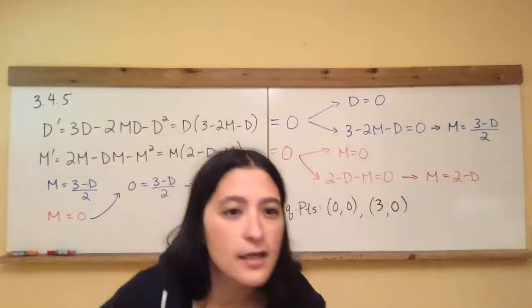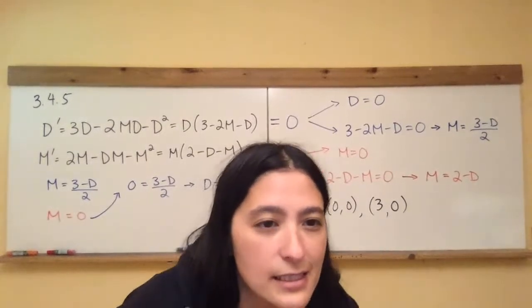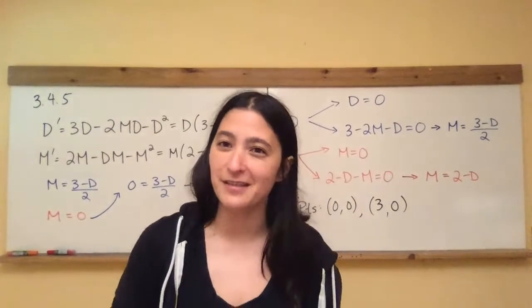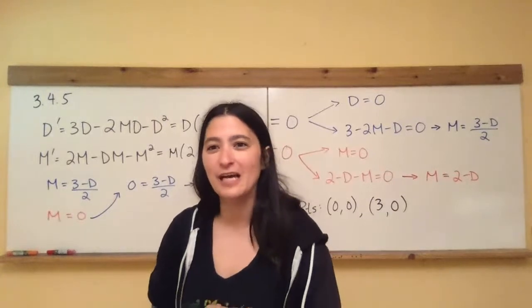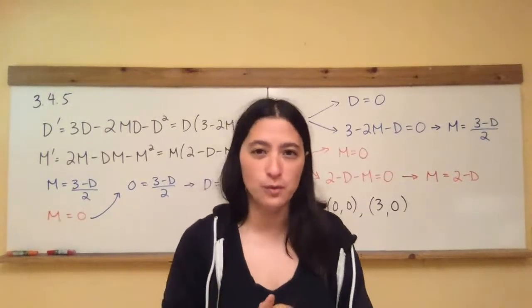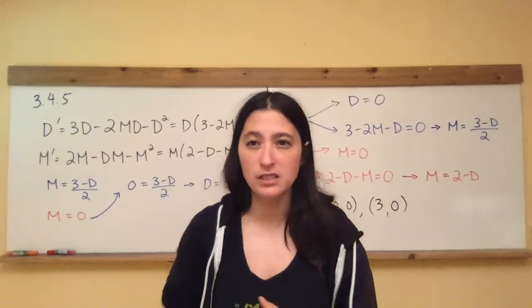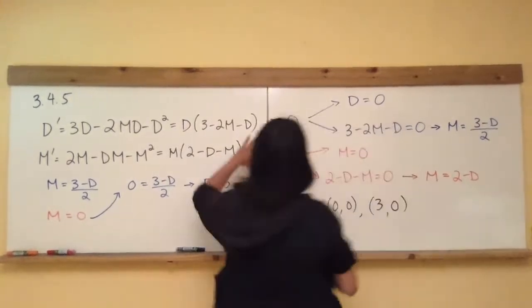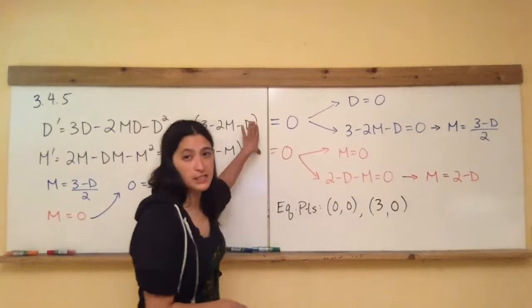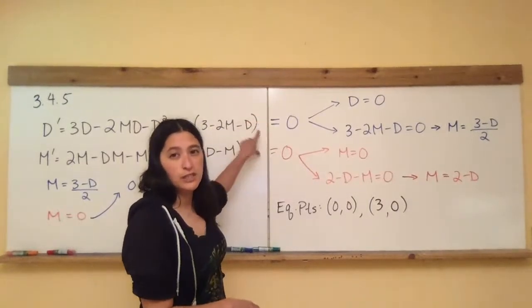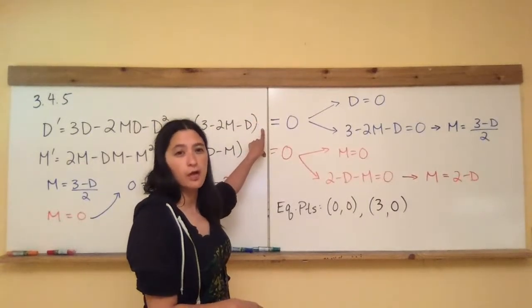Okay? And so we're setting d equal to m. Good question. Thanks for sending your question in through the chats. What we're doing when we're trying to find the equilibrium points is we're trying to set them not necessarily equal to each other, but we're setting the equations equal to 0.